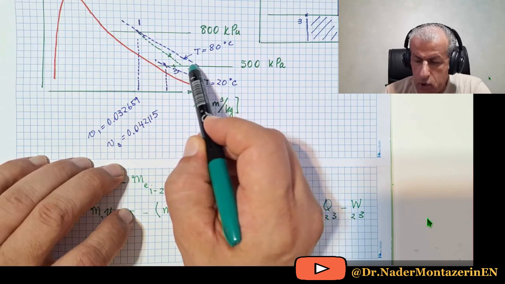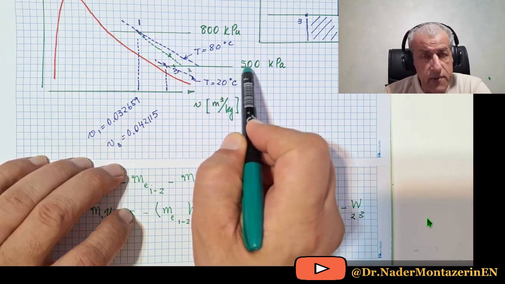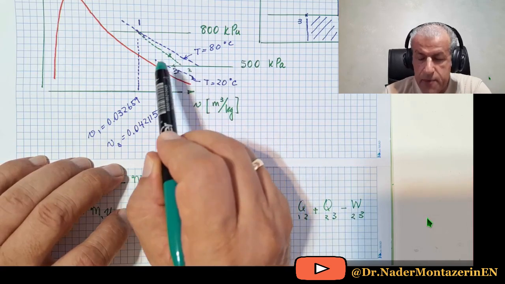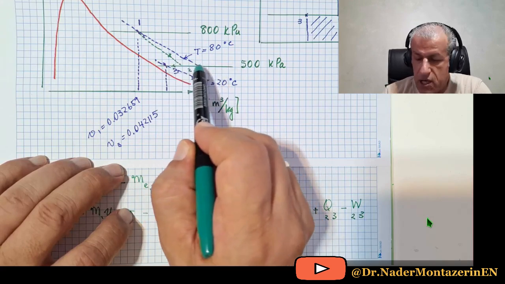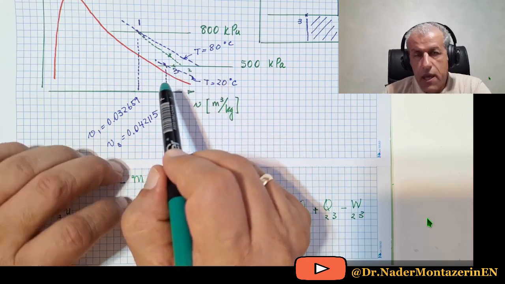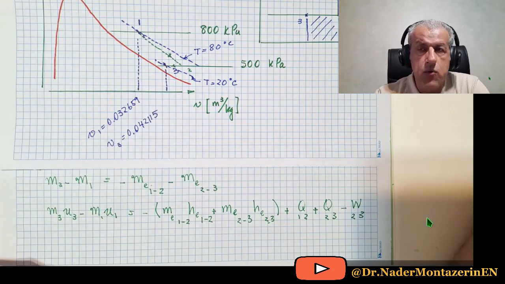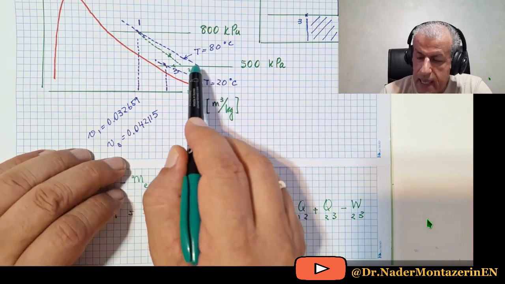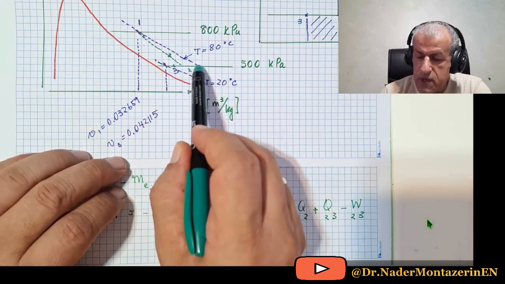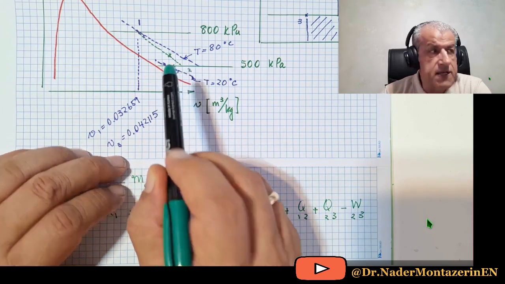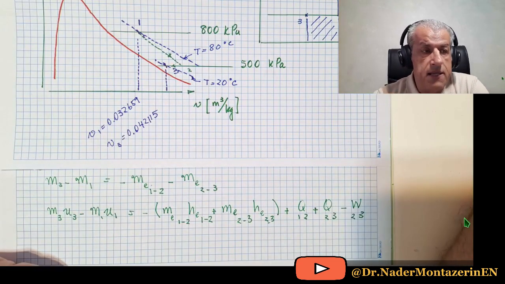So point 2 is certainly on the 500 kilopascal line. That's one property. And if we decide on the other property, which is temperature, we would have all properties for point 2. So what I did was simply go to the tables and consider what happens if point 2 takes any of these values between 80 degrees C and 20 degrees C on the 500 kilopascal line.